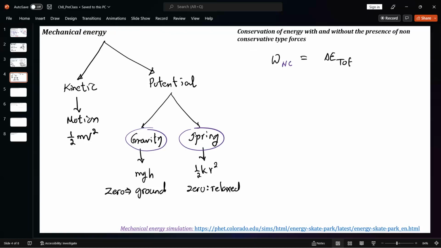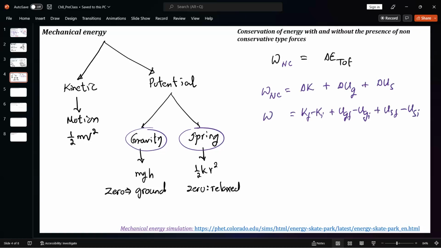In most of our problems that is just the frictional work done, okay? Generally, work done due to non-conservative forces is equal to the total energy change in kinetic, plus the change in gravitational potential, plus the change in spring potential. So we can simply say K final minus K initial plus UG final minus UG initial plus US final minus US initial, right? That is when the non-conservative forces are visible.